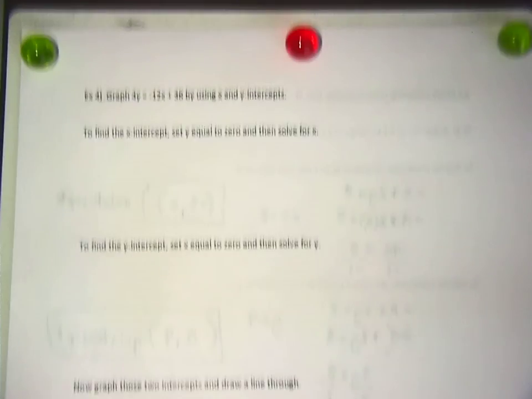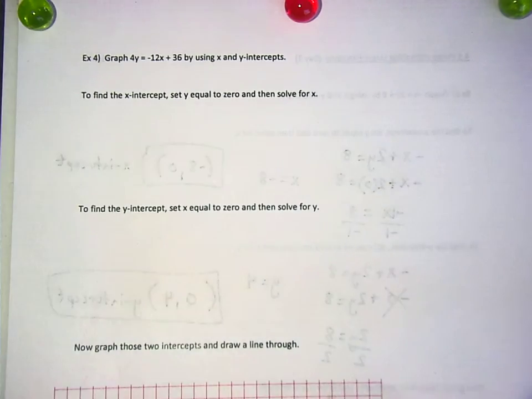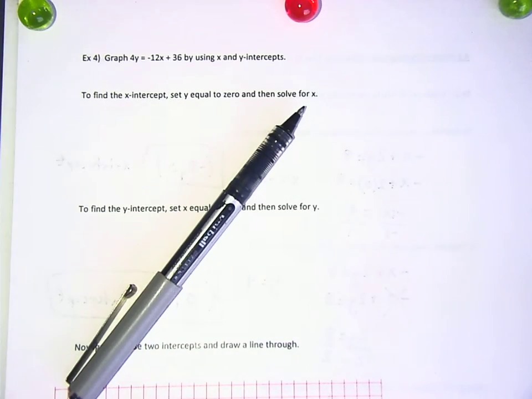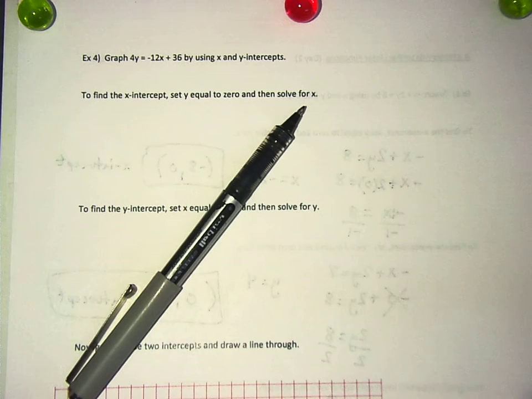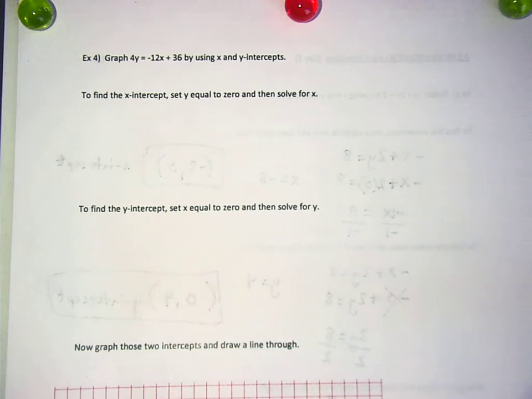We put the x as 0. Set y equal to 0. So x. Oh, wait, no. 0 times positive 36.